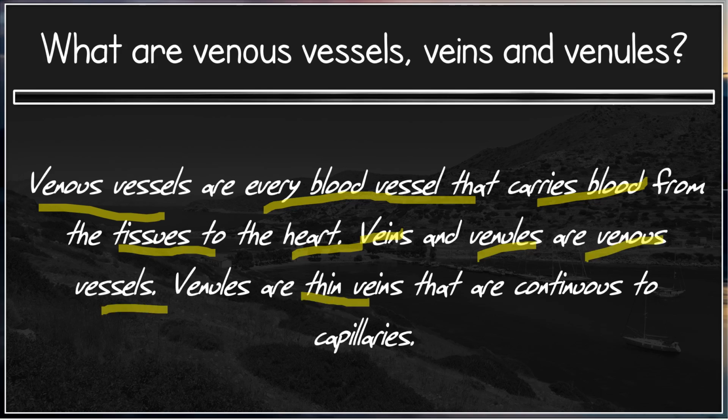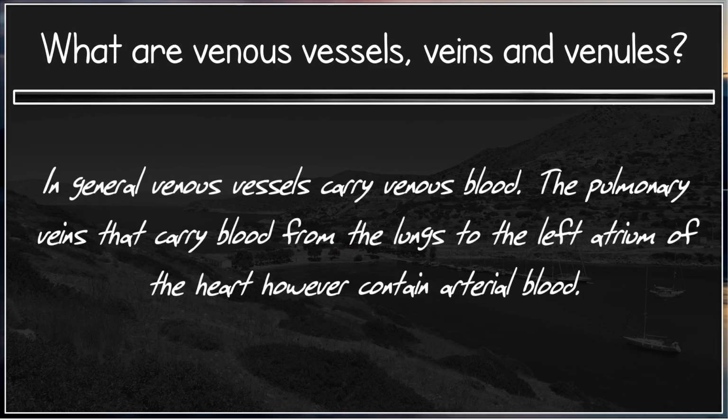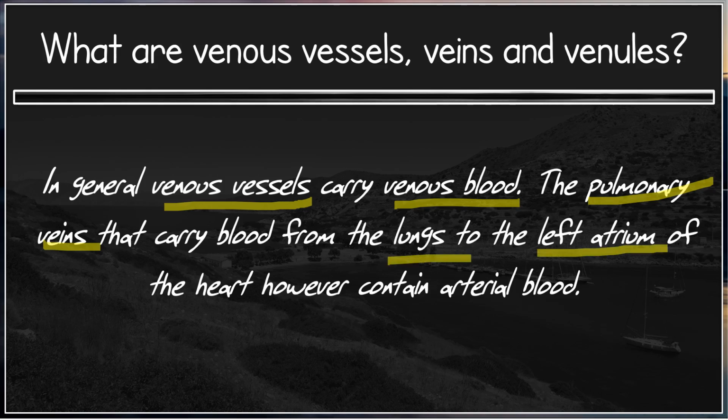Venules are thin veins that continue with the capillaries. In general, venous vessels carry venous blood. Pulmonary veins carry blood from the lungs to the left atrium of the heart, however, and contain arterial blood.